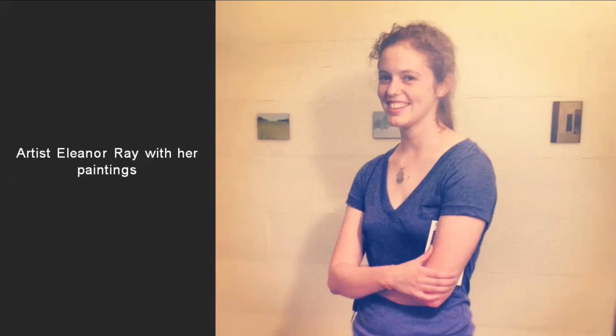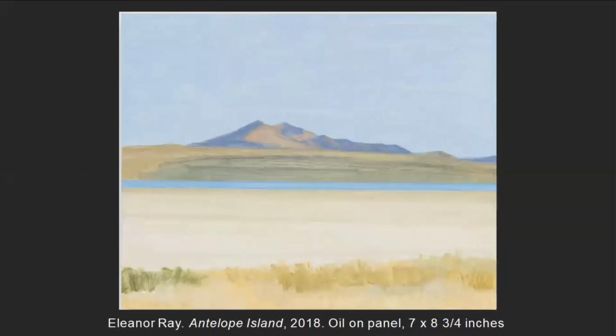And so this is a different sort of relationship to scale, because here's a close-up. Okay, so we see 7 by 8 3/4 inches. It's a little bit bigger than I thought, but not much. It's a very small painting, but the scale of the painting in relation to you is counteracted by the subject matter and the scale of that subject matter.